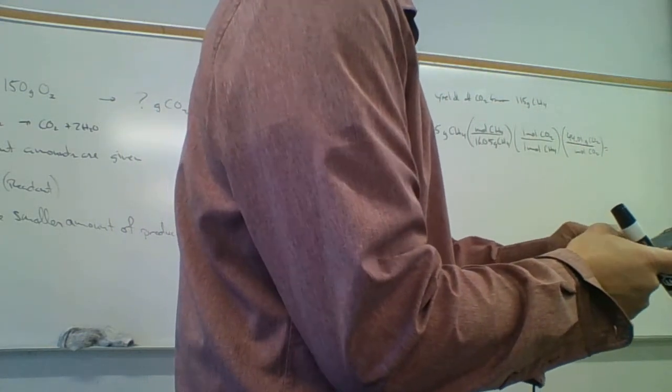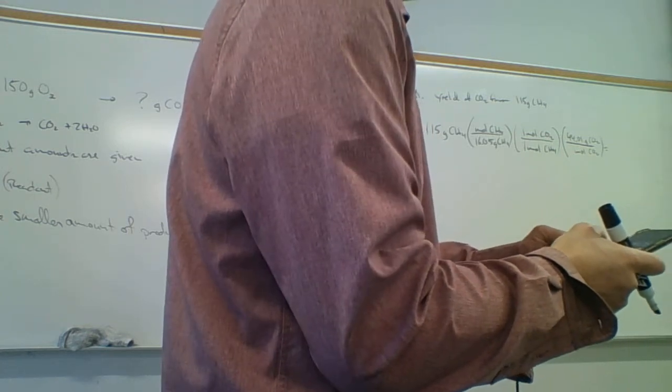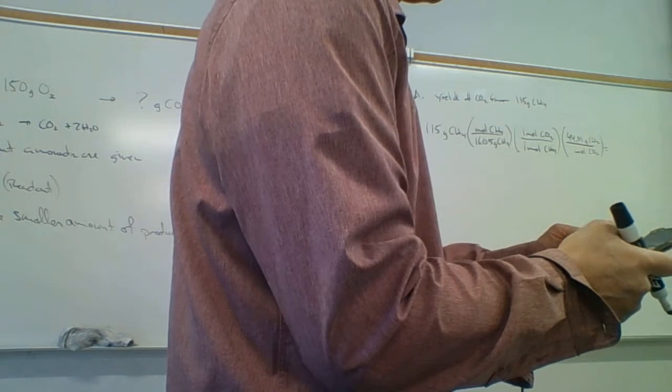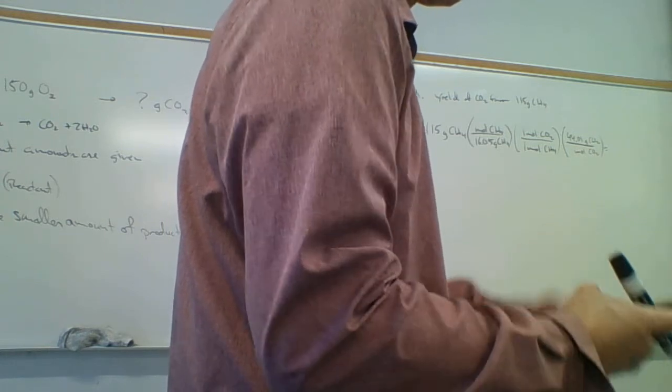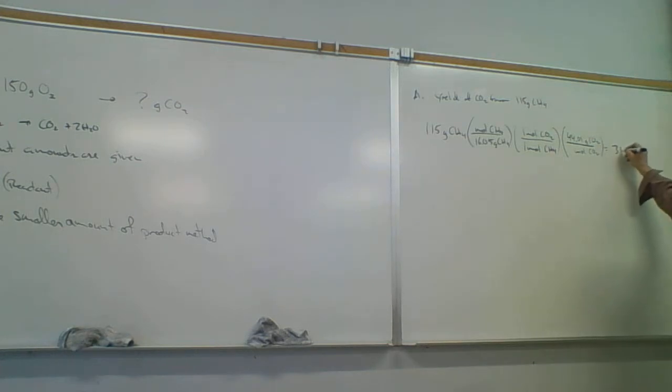And so this is 115 divided by 16.05 times 44.01. That's 315.3 grams of CO2. So if I could burn all 115 grams of methane, I'm going to form about 3 times as much CO2.